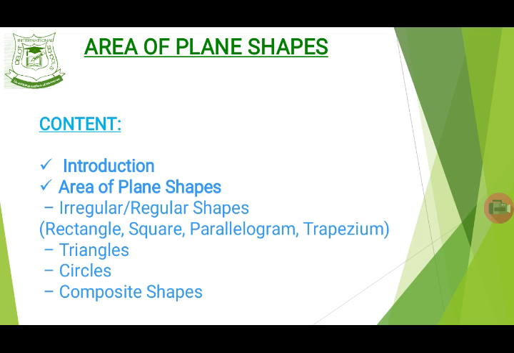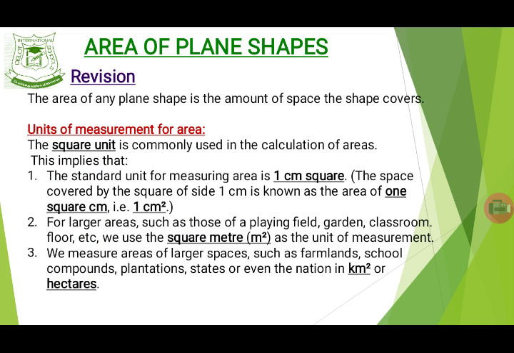So basically, a quick revision. Remember, I told you that the area of any plane shape is the amount of space that the shape covers. Then we looked at units of measurement for area. We looked at the square unit, which is the only commonly used unit for area.